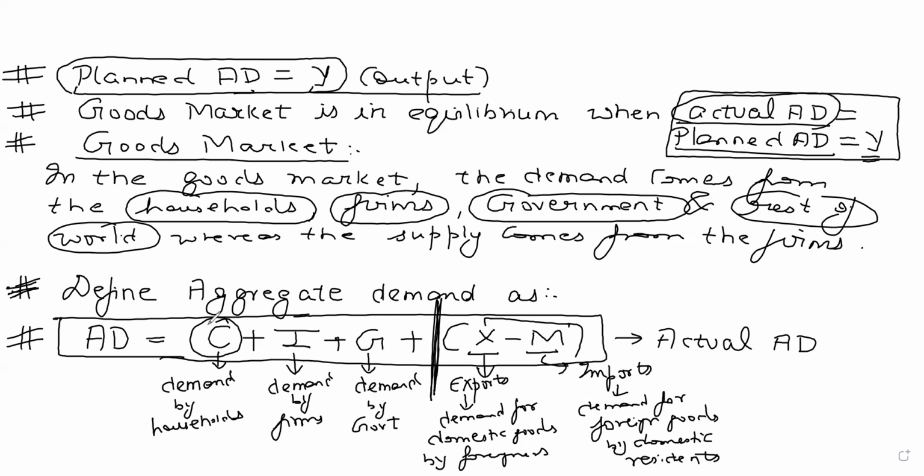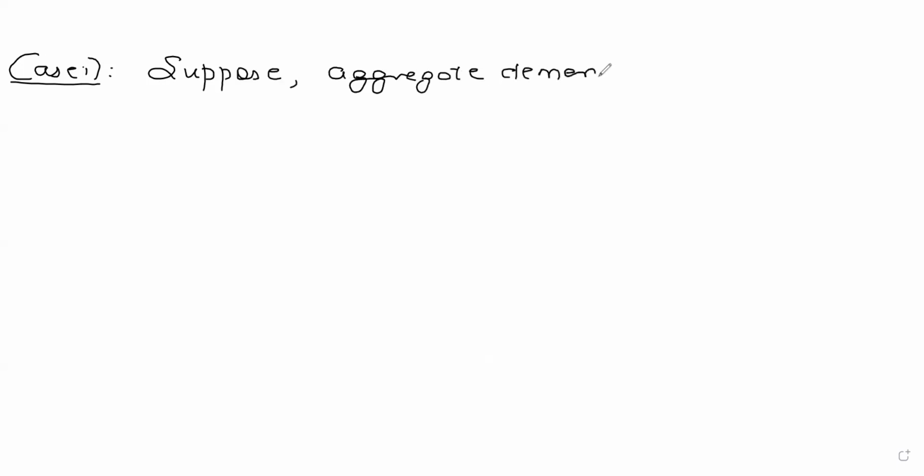So let me erase all this off and I can write case 1. Suppose the aggregate demand in the economy comes only from the households.